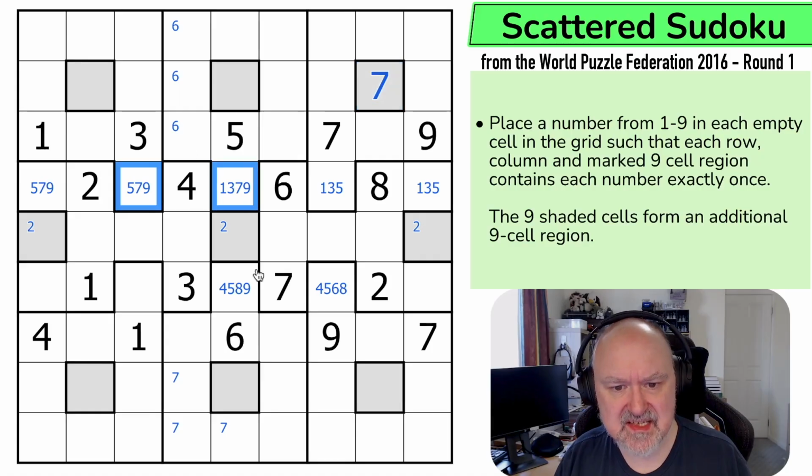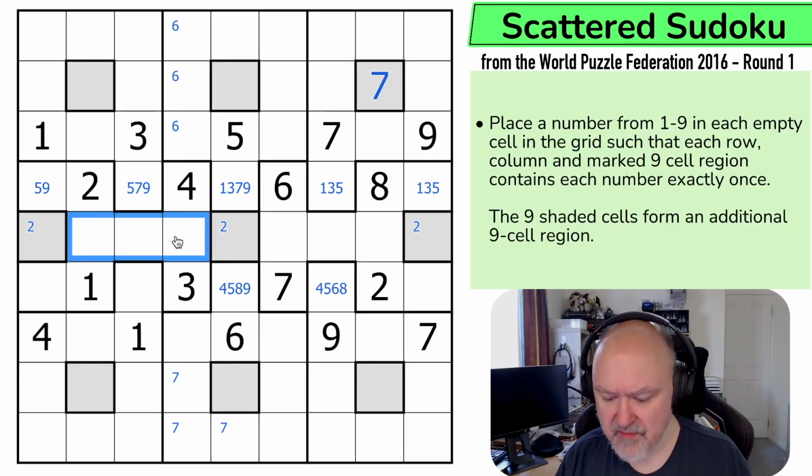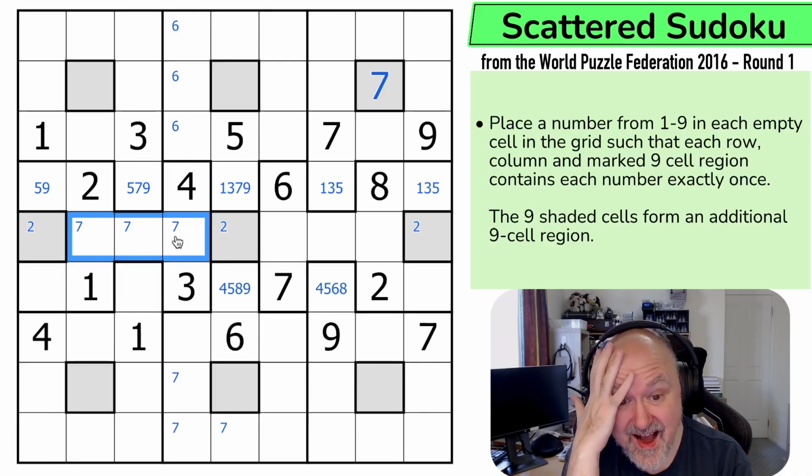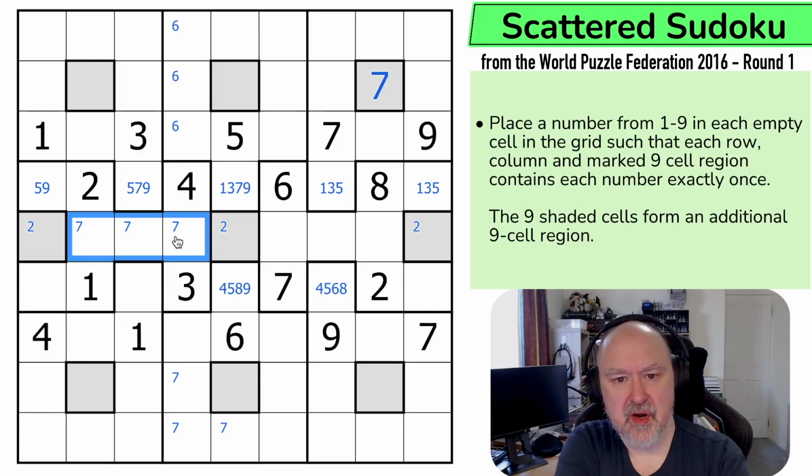Which means 7 is in one of those 2, which means that is not a 7. Which means 7 in this region now has to be in one of those 3 cells. This is nuts. How do I repeat that?